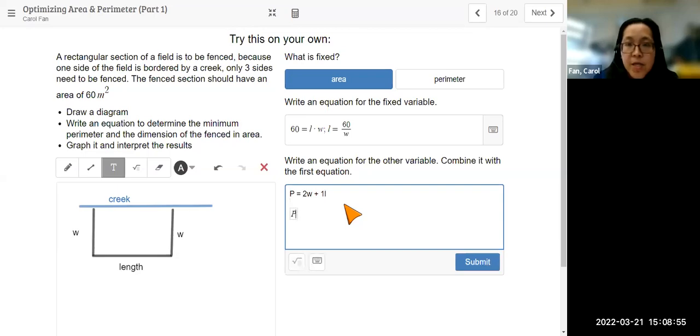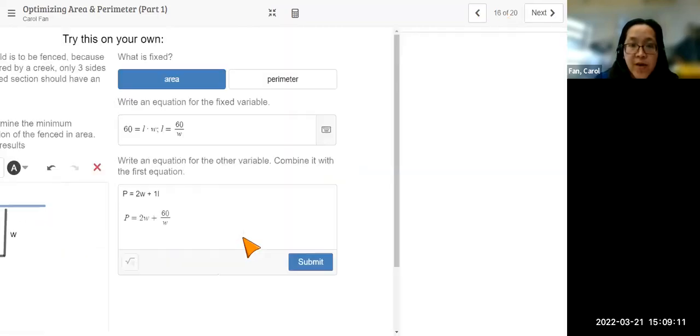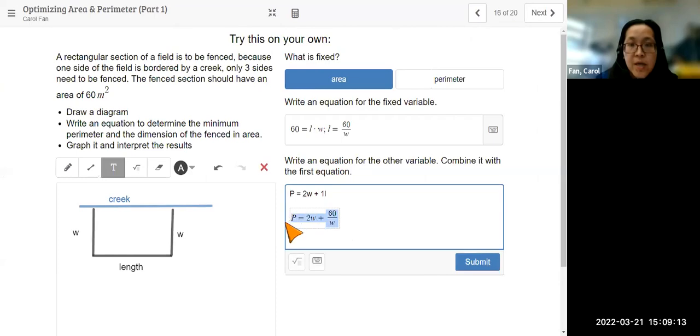Now, when I substitute this in, I have perimeter is equal to 2W plus 60 over W. So I need to put this into a graphing program to figure out what it is.